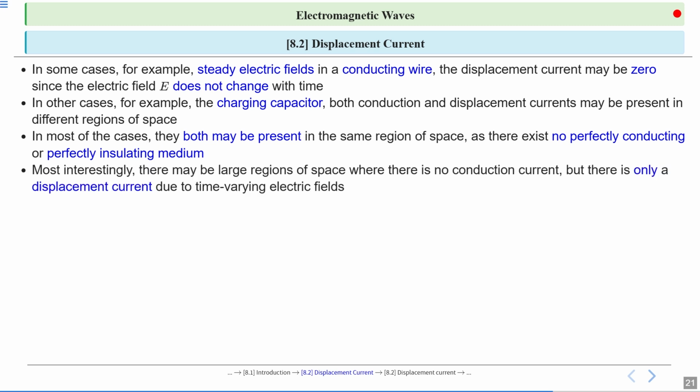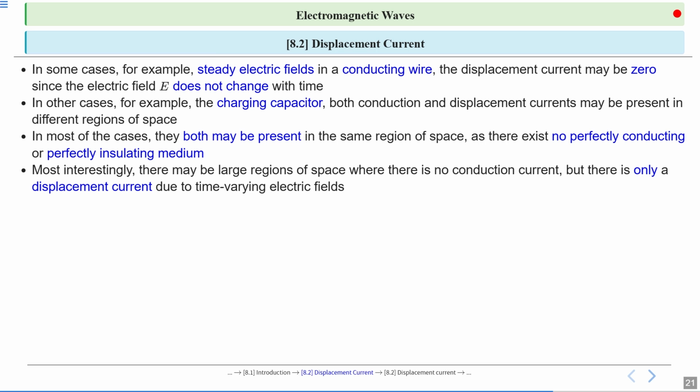Most interestingly, there may be large regions of space where there is no conduction current, but only a displacement current due to a time varying electric field. In the case of electromagnetic waves also, only a time varying electric field is there, due to which a magnetic field will be there, and displacement current will be there.